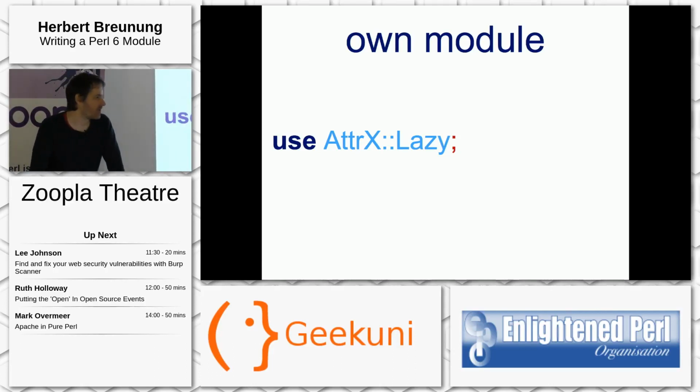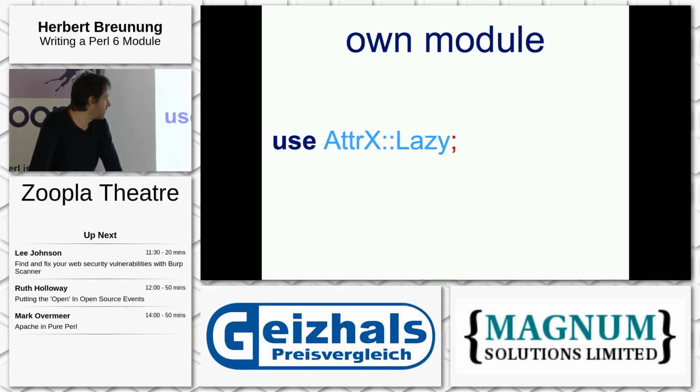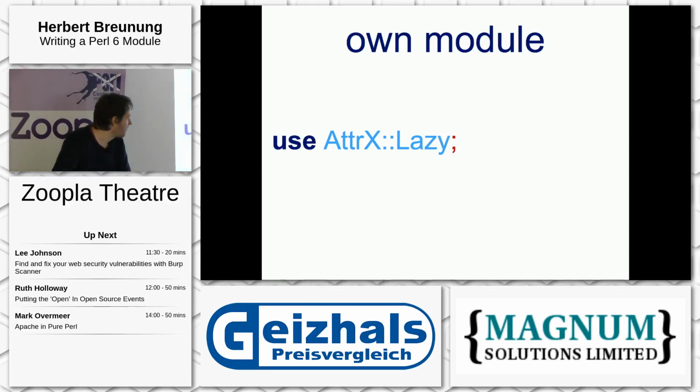You have to think, of course, you write your own supporting modules, and we wrote attribute x lazy for our module, that was Pierre's idea, and I will show you why. But I think many things will be much easier if you make up your mind beforehand what you actually try to solve, and what kind of data structure this is for.